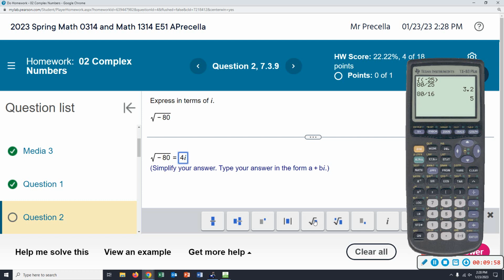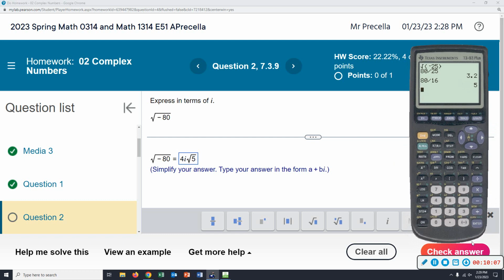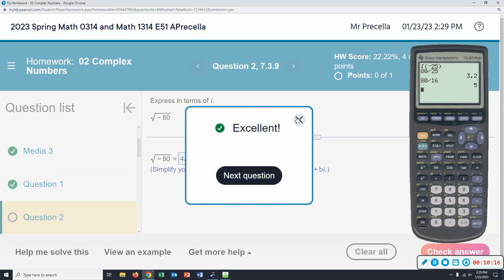We need the square root hot button. Remember we were using that last time. We type in our 5. And if you were going to put the i after that square root instead of in front of it, make sure it's not under that square root key. Okay, make sure you don't put that i under the square root.